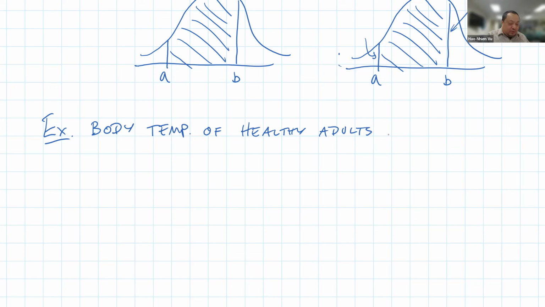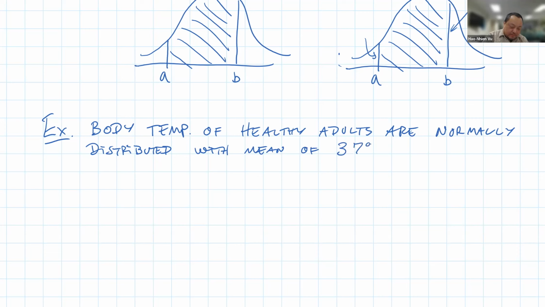So body temperature of healthy adults are normally distributed with a mean of 37 degrees Celsius and standard deviation of 0.4 degrees.